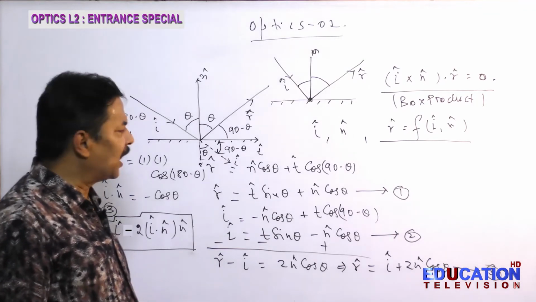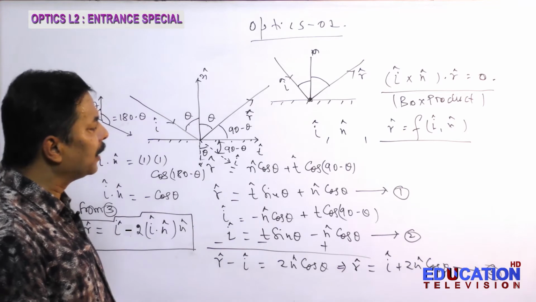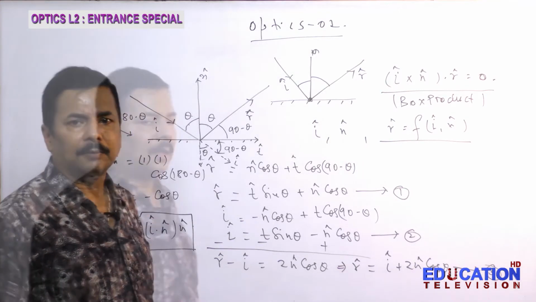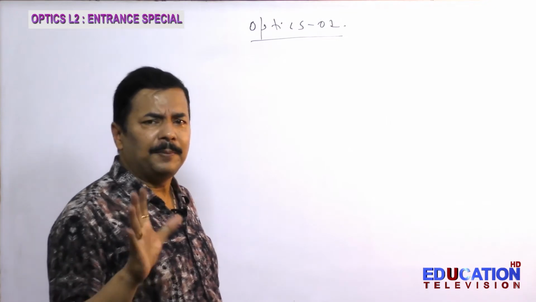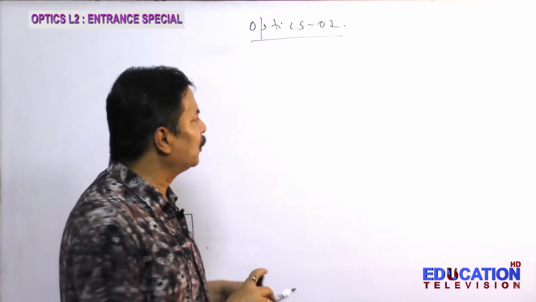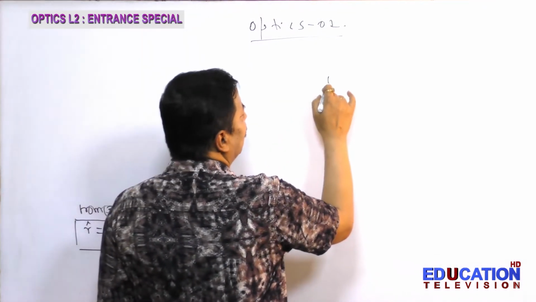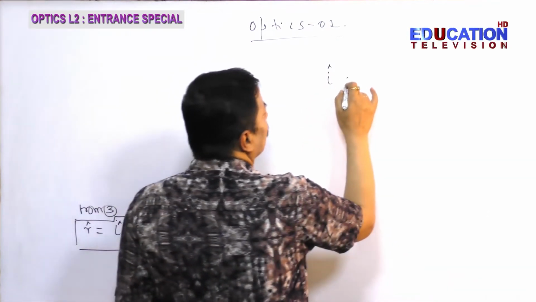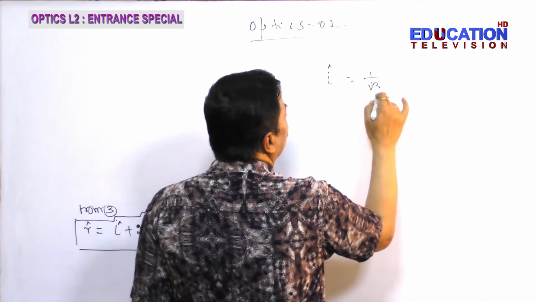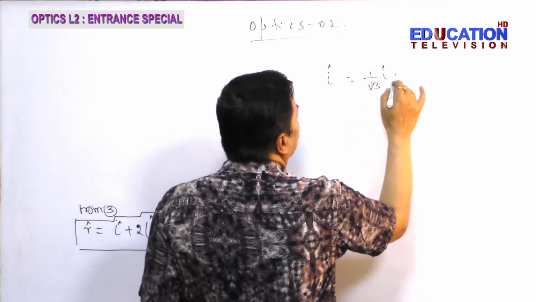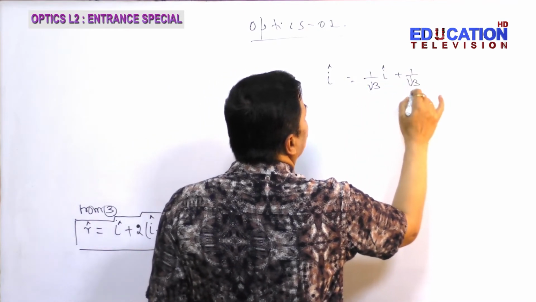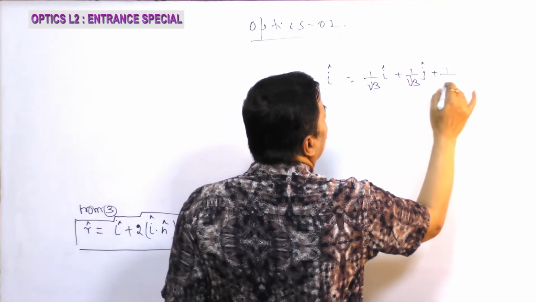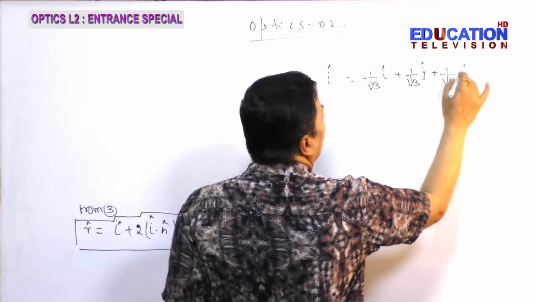We will try to understand this thing with some example also. So let us try to see it with the help of an example. Suppose the incident ray unit vector is given as 1 by root 3 i cap plus 1 by root 3 j cap plus 1 by root 3 k cap.